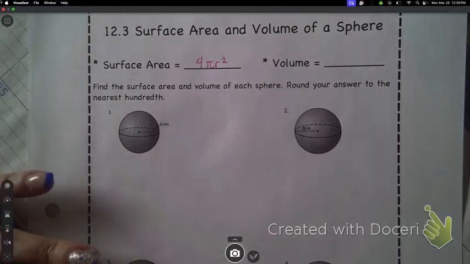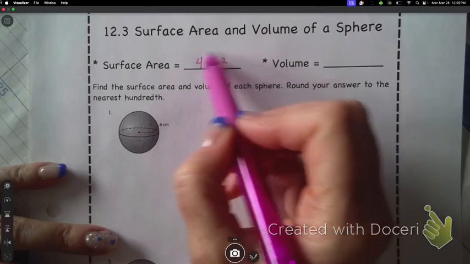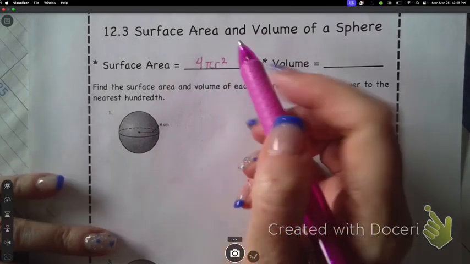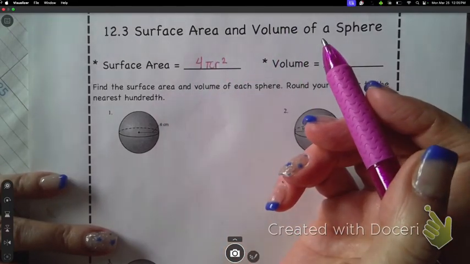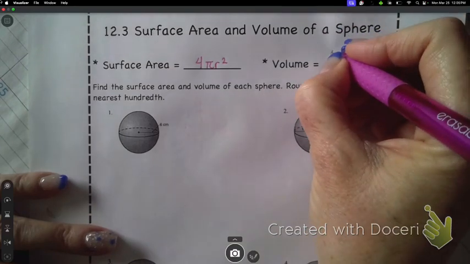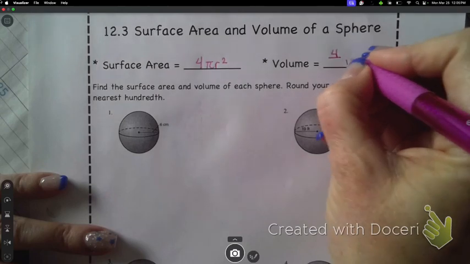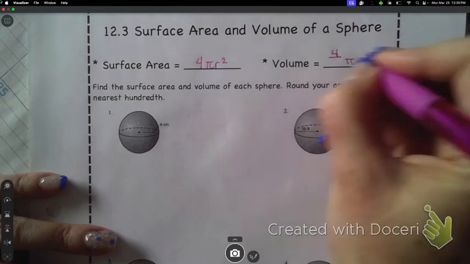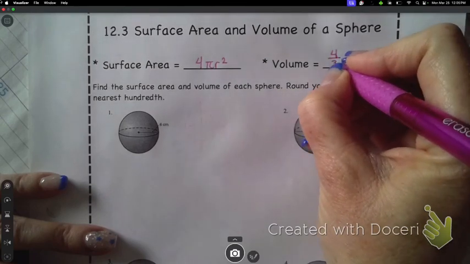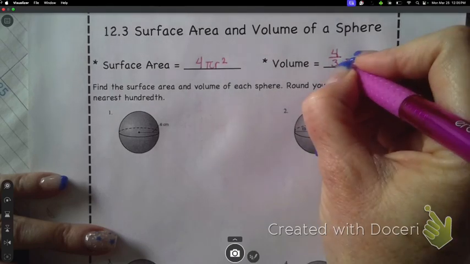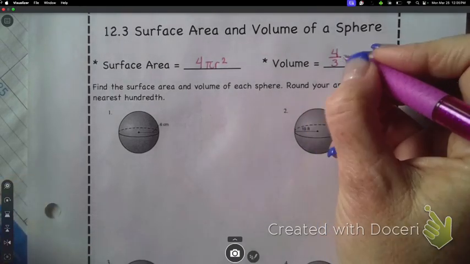Volume, same thing, but we got to get one more r in there, don't we? Okay? So we're going to have 4 over pi r cubed, but it's 4 over 3. So remember, it's cubed, so down here is what? 3.